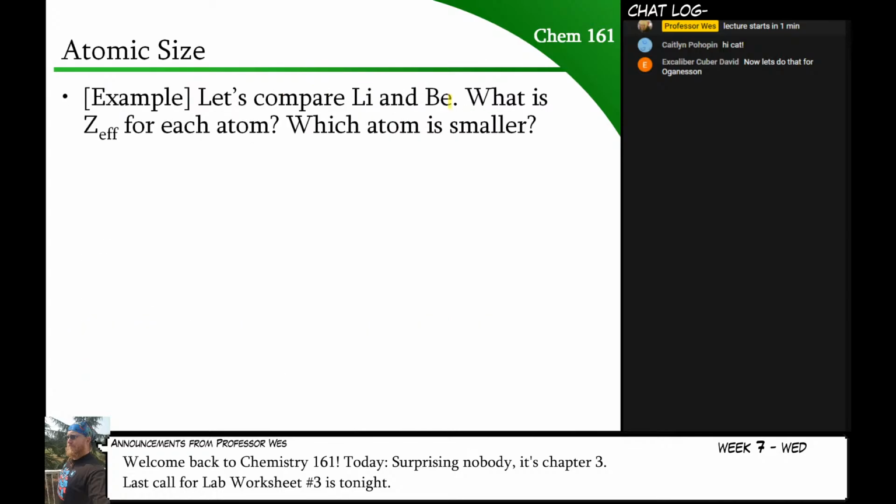All right, so I'm going to give you two atoms. I'm going to give you lithium and beryllium. I want you to calculate Z effective for each one, and then tell me which atom is the smaller of the two atoms. Go ahead and do the calculation for Z effective. Type your answer in the chat.